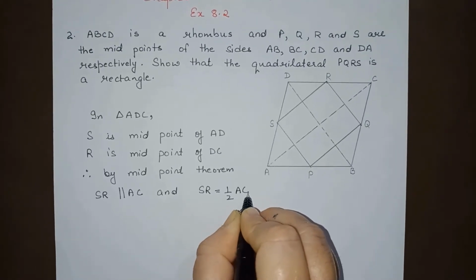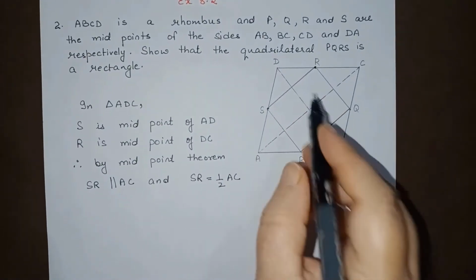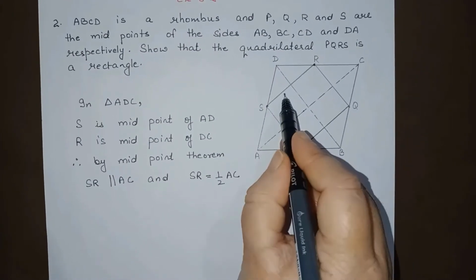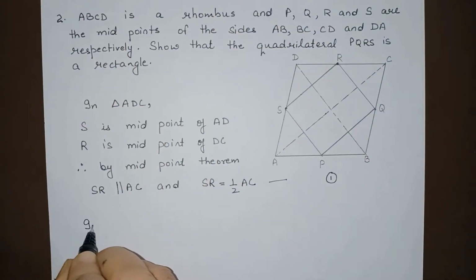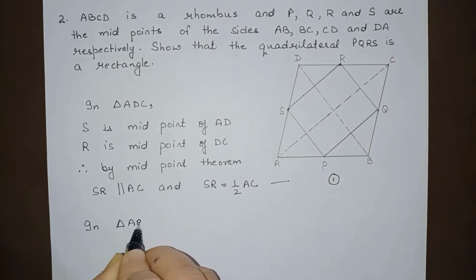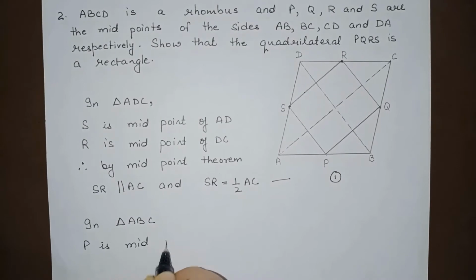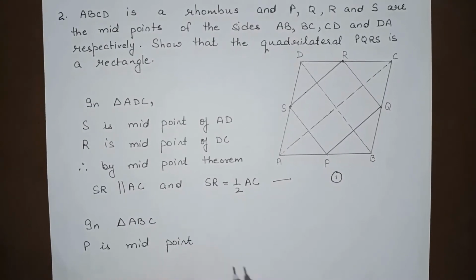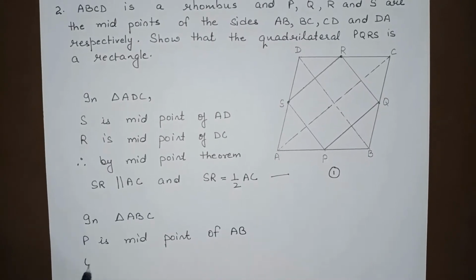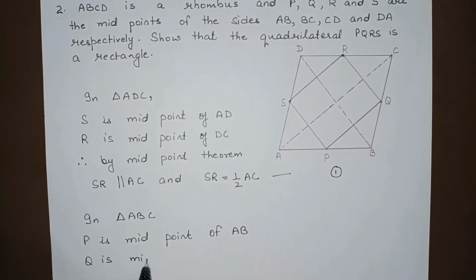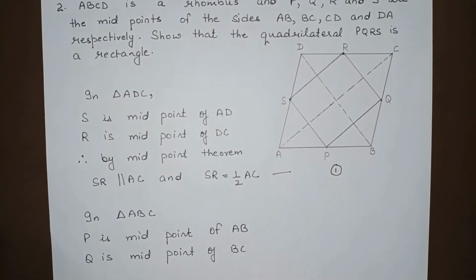Now this is a midpoint theorem. Line joining the midpoints of two sides of triangle is parallel to third side and is half of third side. So we will write in triangle ABC, P is midpoint of AB, Q is midpoint of BC.